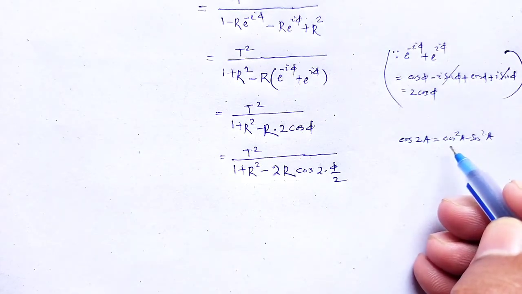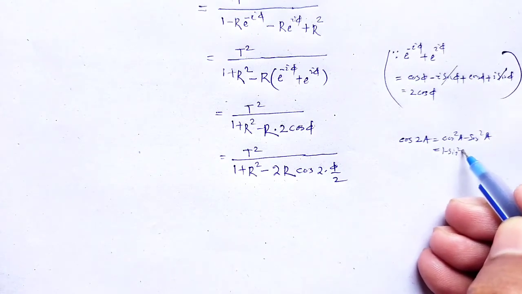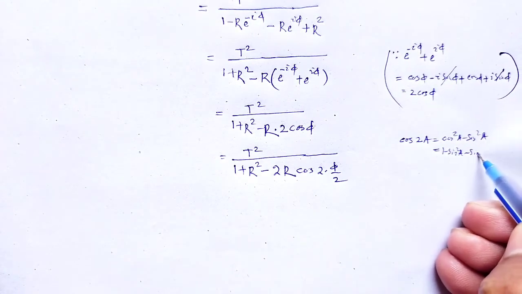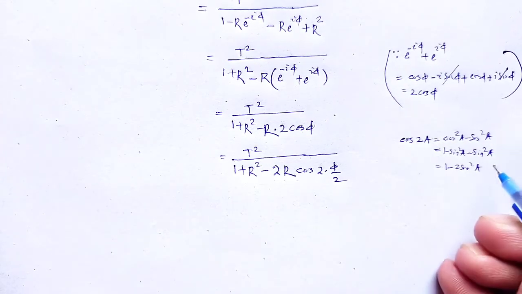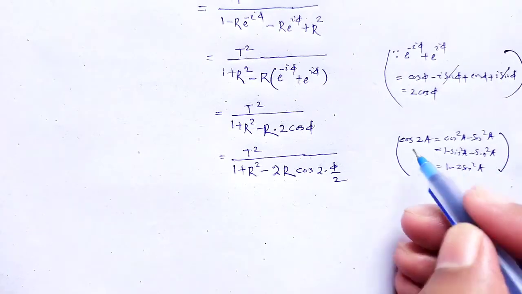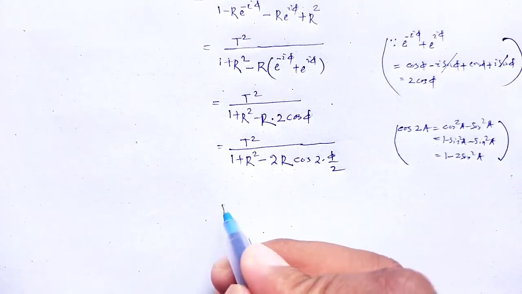If we write it in terms of sin, cos square a can be written as 1 minus sin square a, minus sin square a, that is 1 minus 2 sin square a. So cos 2a in terms of sin can be written.